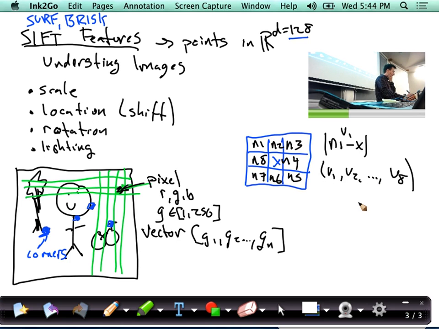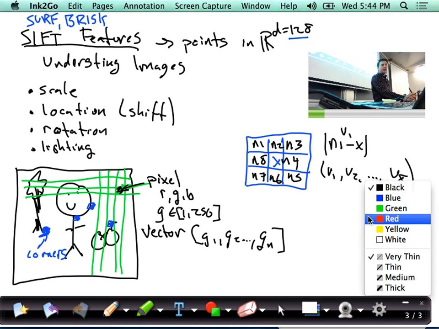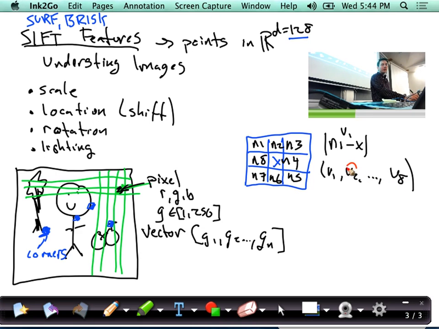What you first want to do is pick the one that's the largest. Whichever of the 8 values has the largest change, say it's V3, you rotate the list so that it becomes first: V3, V4, up to V8, V1, V2.